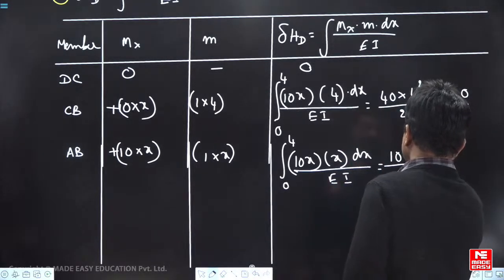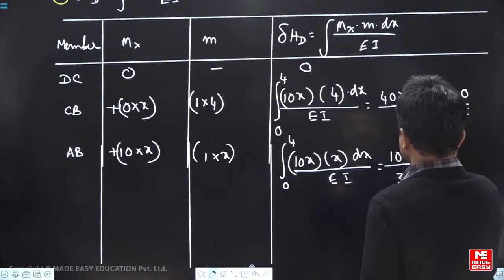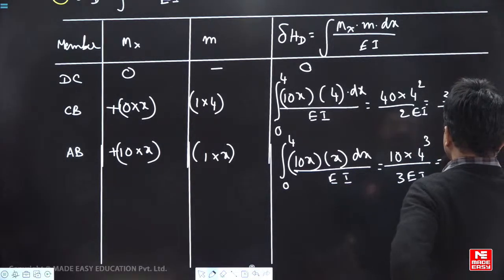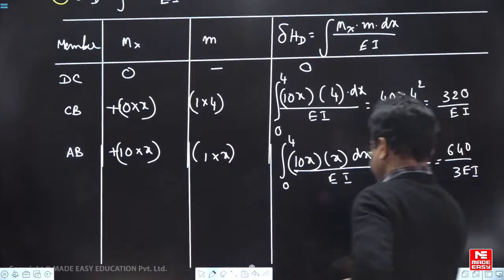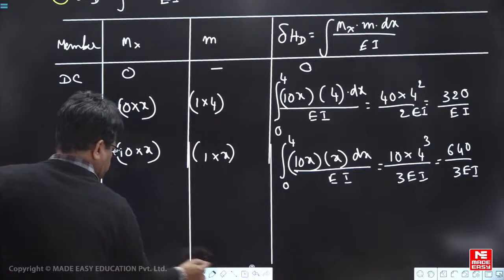So 4 cube by 3 EI, 640 by 3 EI. These are the individual contributions.